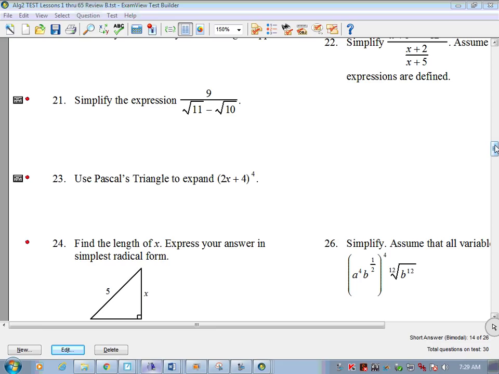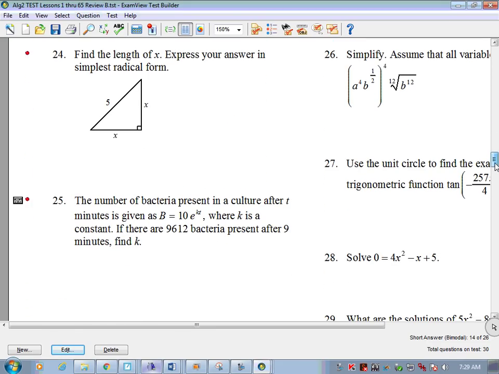Okay, 24. Find the length of x. All right, because it's a right triangle and the legs are the same, we're saying these are congruent, and anytime I have a right triangle that's also isosceles, it's a 45, 45, 90.